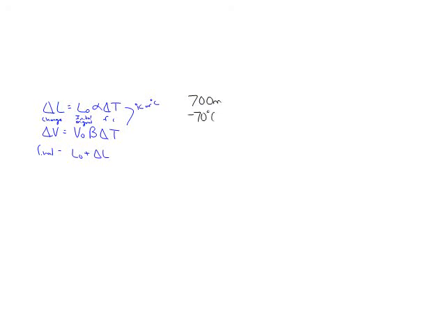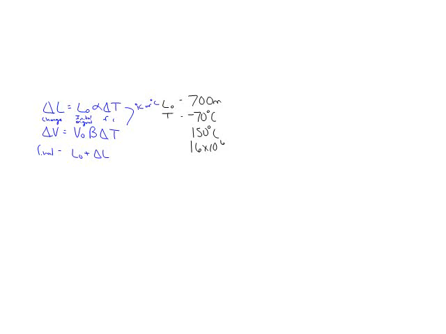So we have copper as our solid. All right, 700 meters. What is this? Initial length, or if you're looking at the equation, L naught. What is this? Negative 70 degrees Celsius.